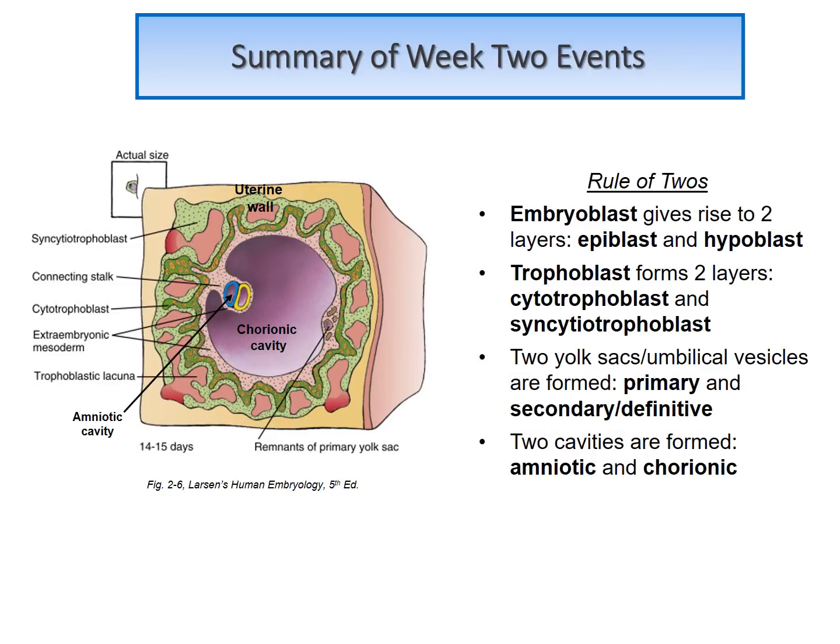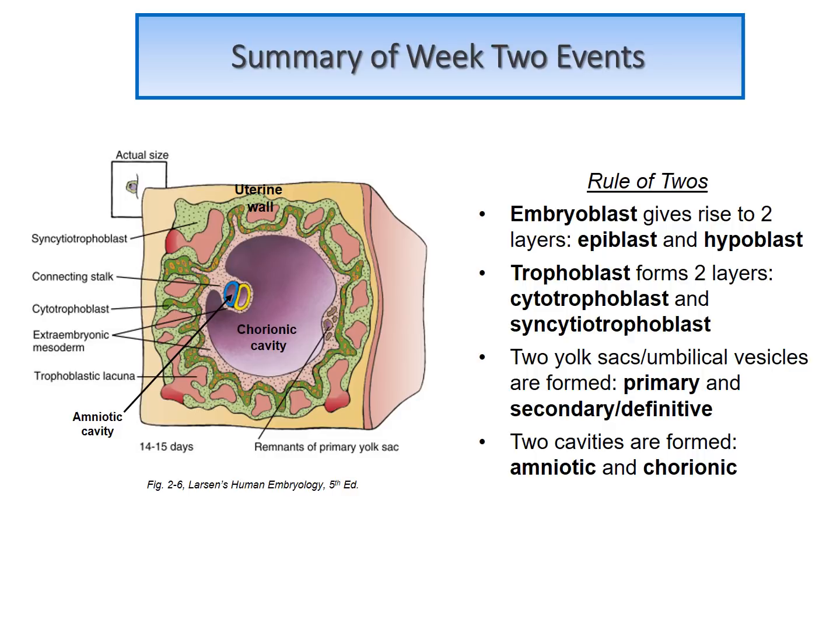As you've probably discerned, week 2 is a busy week with simultaneous activities occurring in the trophoblast and the embryoblast. Fortunately, much of the descriptive events can be boiled down into a rule of twos to help with the management of the details. During this week, the embryoblast gives rise to two layers, the epiblast and the hypoblast.